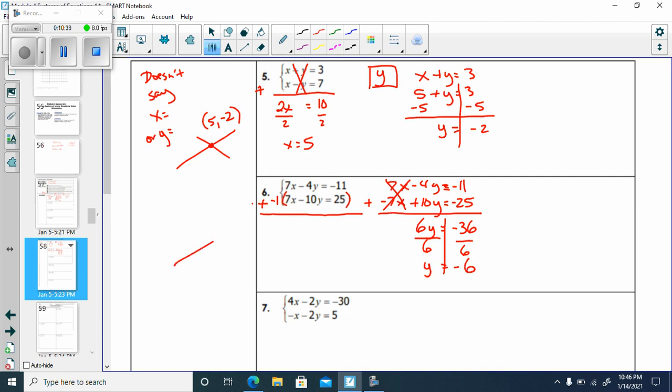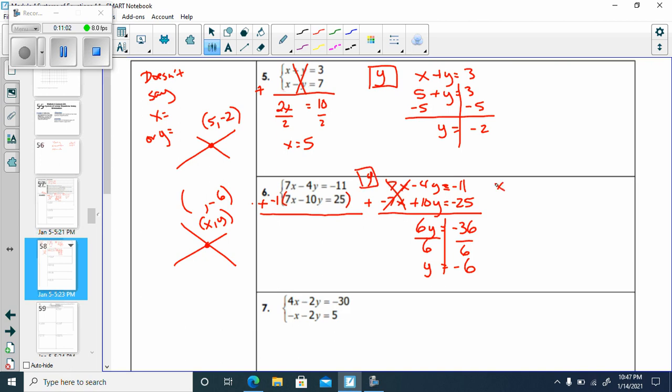Now remember, we're looking for where the two lines intersect. We're looking for the x and y value. We've said y is negative 6. We need to find x, don't we? To find x, we plug this into one of these equations, just like we did when we were doing substitution. So this is how we found our y.